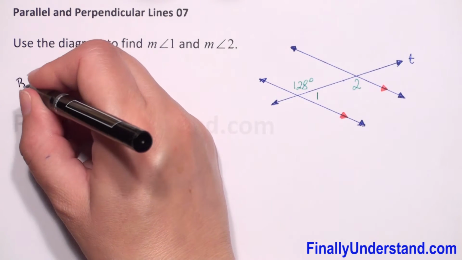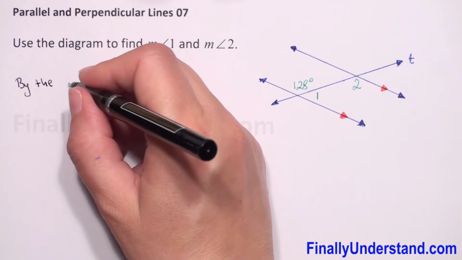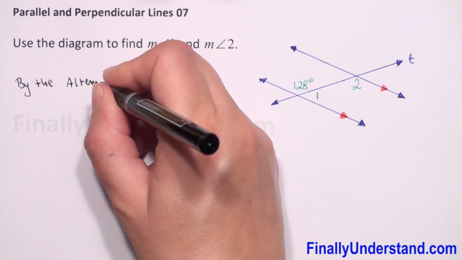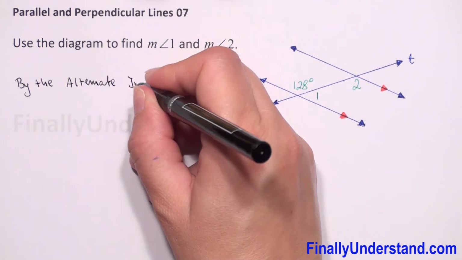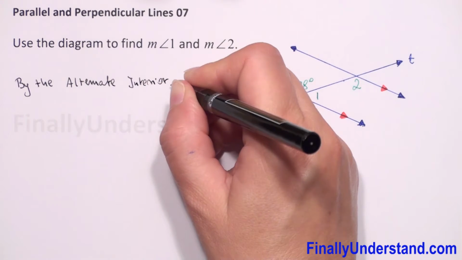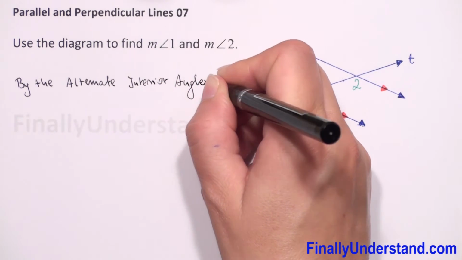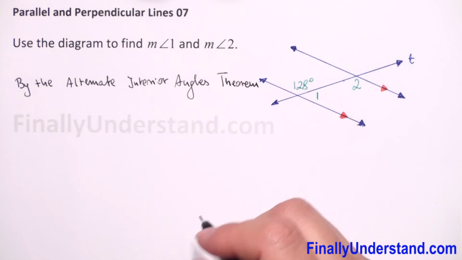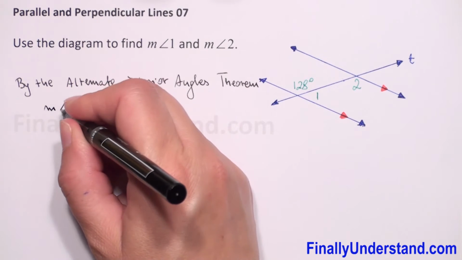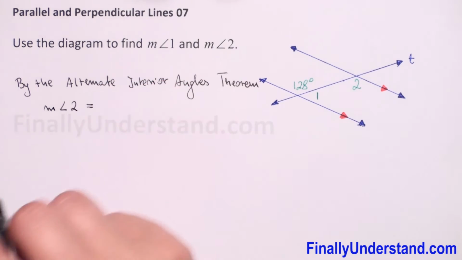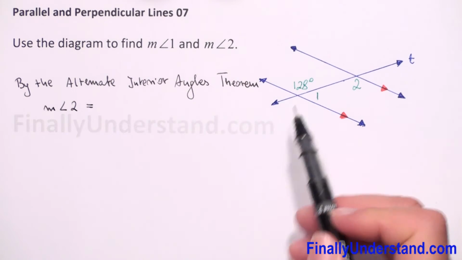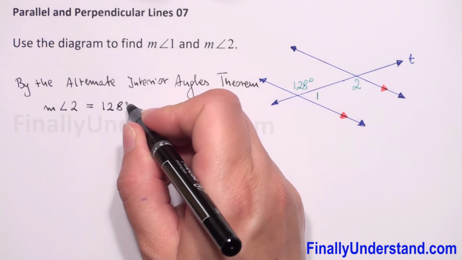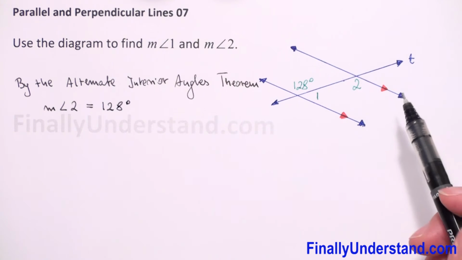Let me write: by the alternate interior angles theorem, we have that the measure of angle 2 is equal to the measure of this angle, 128 degrees.